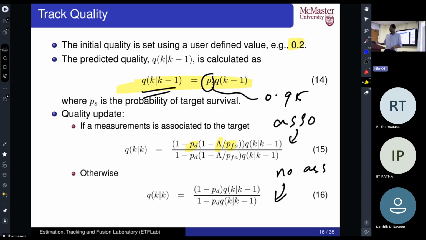In this one, it's the same thing, PD as well. So just follow the equation, don't worry about it. It depends on how close the likelihood is.